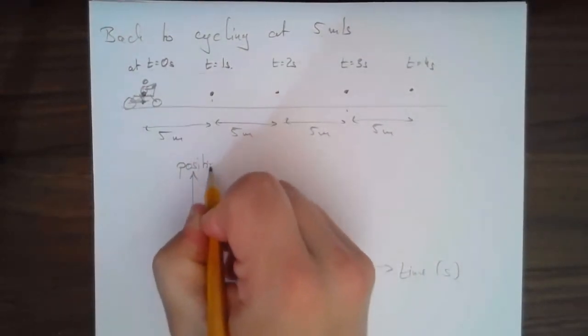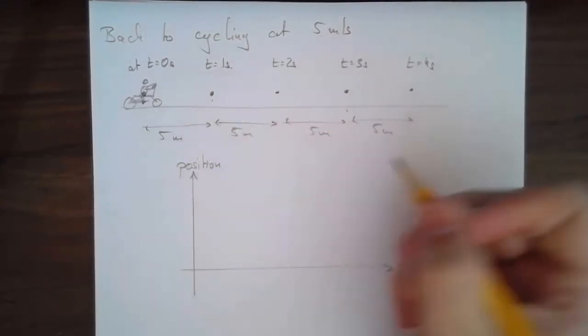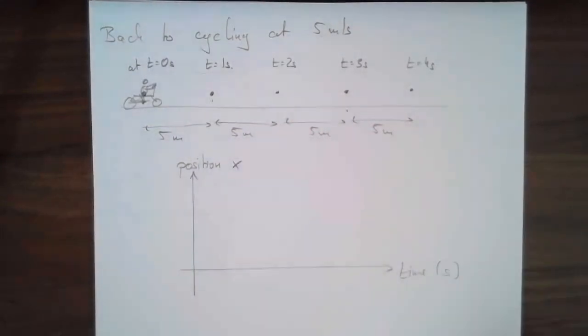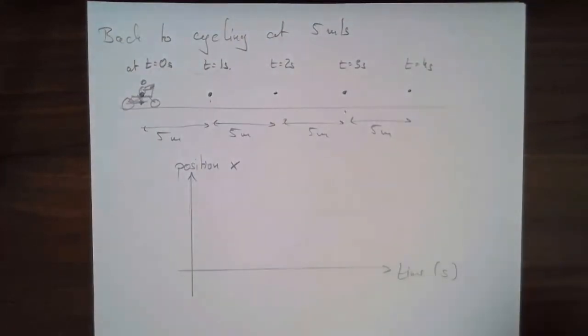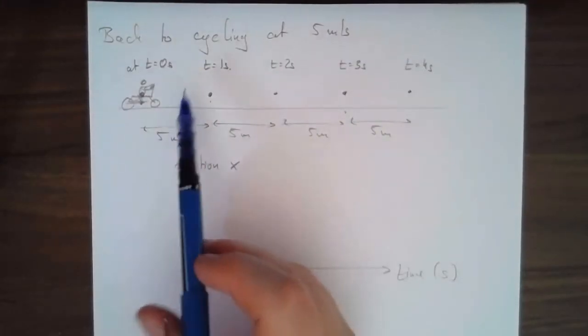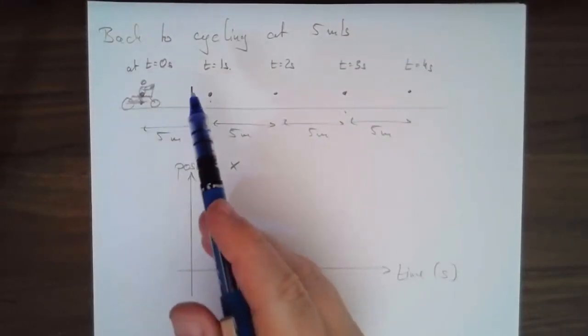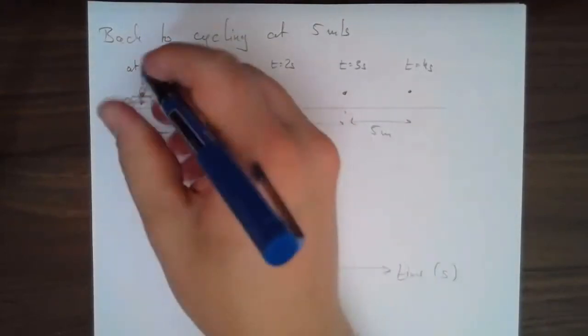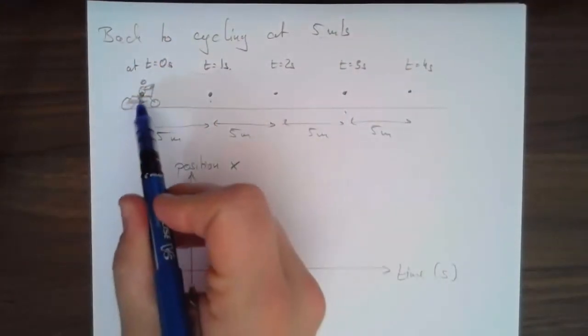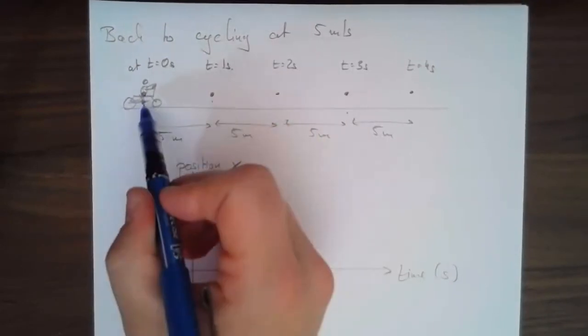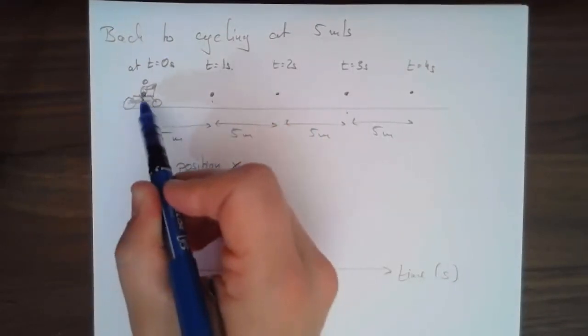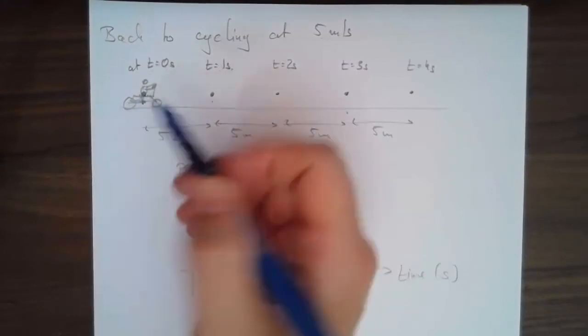So not the distance traveled, but the position. Now let's give it a name. Let's call it x. Of course, to do that, I need to know where my origin is. How do I measure position? So let's do something sensible. Let's suppose I start my origin right here, like a starting line. That's when I cycle past it, you press go on your stopwatch.